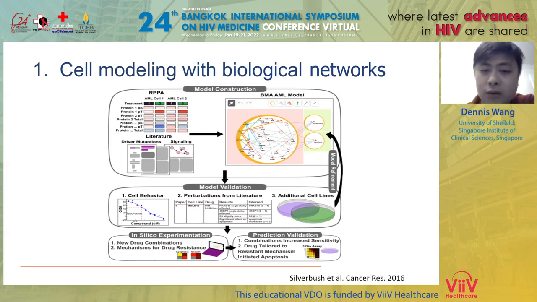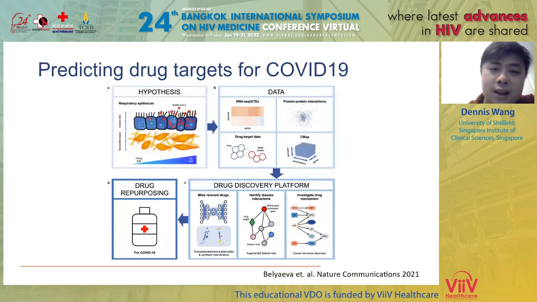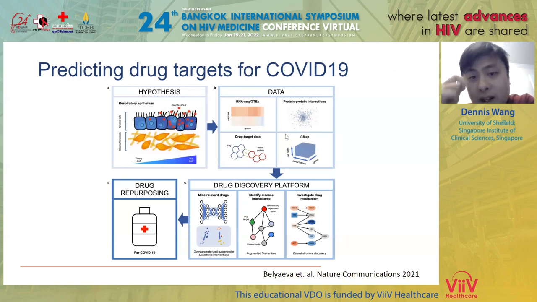So this is very useful for testing different target hypotheses, and it has been extended more recently in COVID research, whereby scientists at MIT have collected different types of data like RNA expression data, protein-protein interaction data, and drug target data from lung cells infected and uninfected by the SARS-CoV-2 virus.